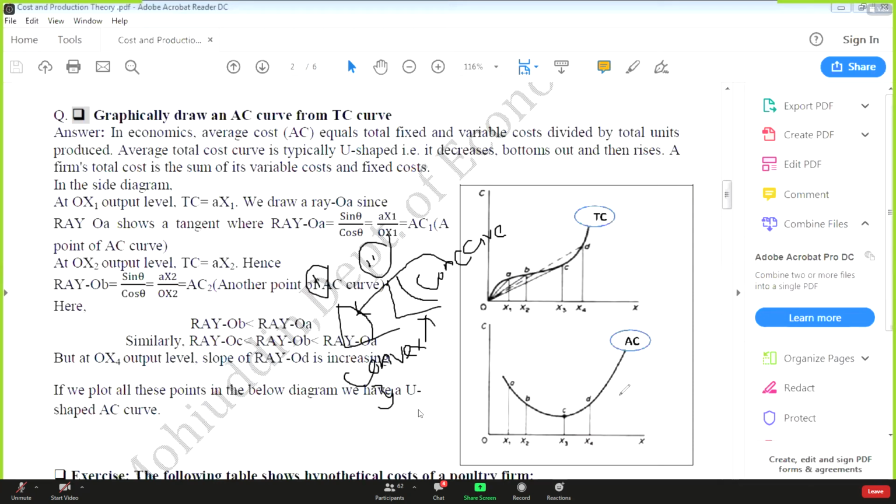B and C. Okay. B and C points in diagram 2 are decreasing. Yes. So is there any problem in production or in labor?